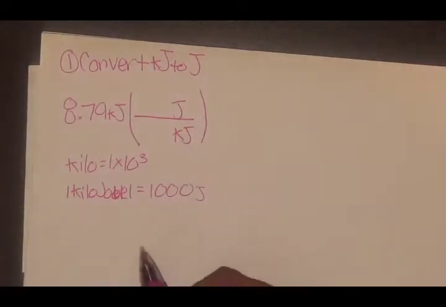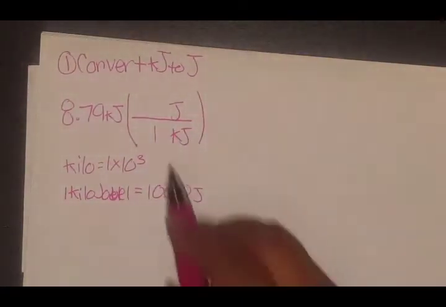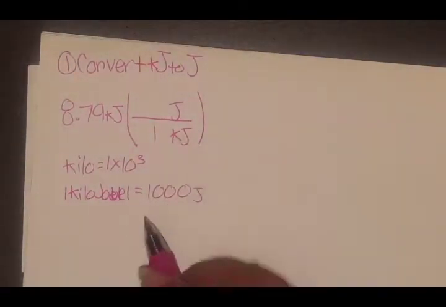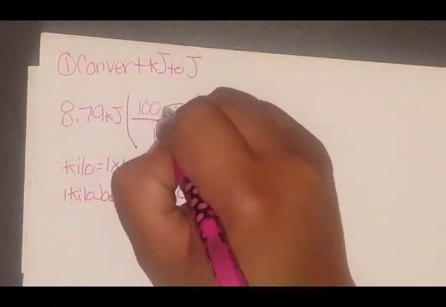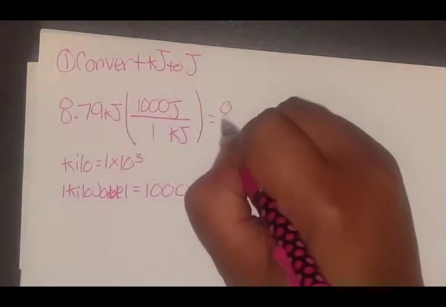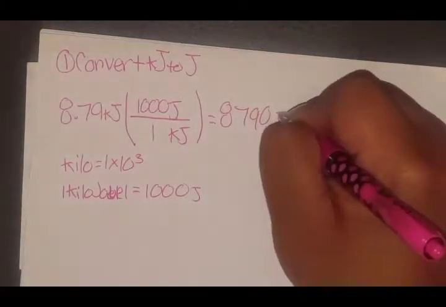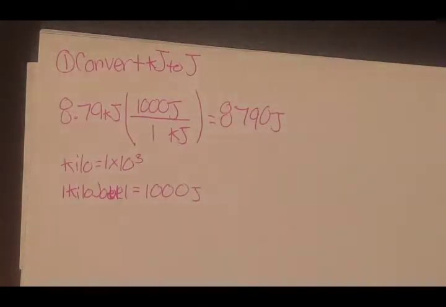So we're going to put the 1 kilojoule on the bottom because it's the larger unit, and then 1,000 on the top, which is going to equal 8,790 joules.